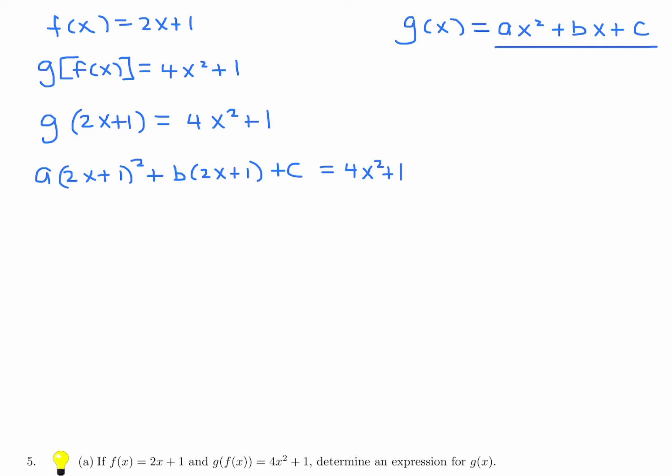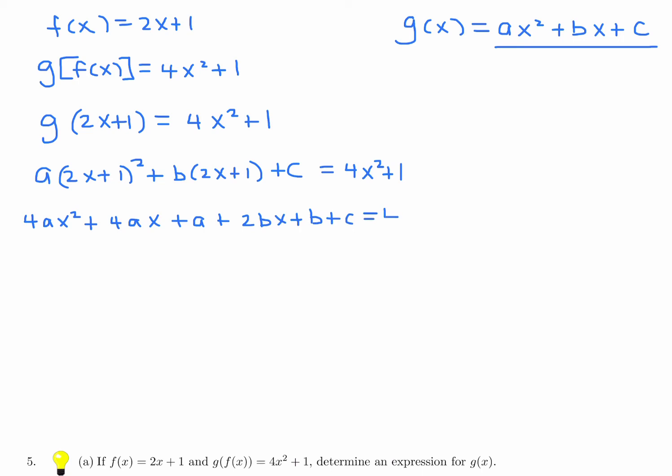So obviously I've got to expand this all out. So we've got 4ax squared plus 4ax plus a, and then this one will just be 2bx plus b, and then we just got a c.